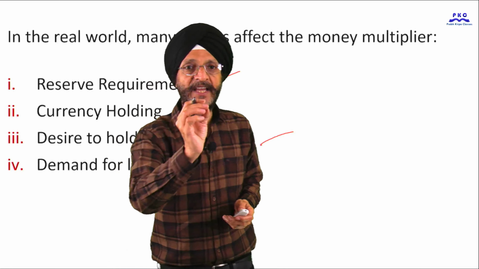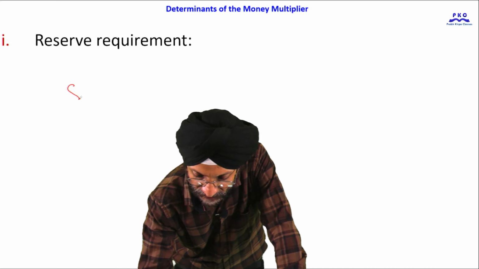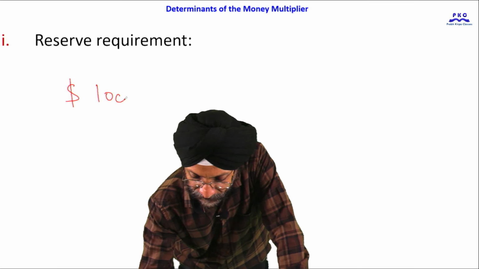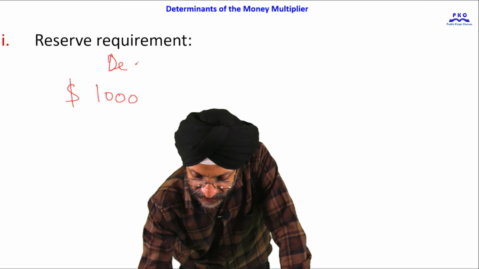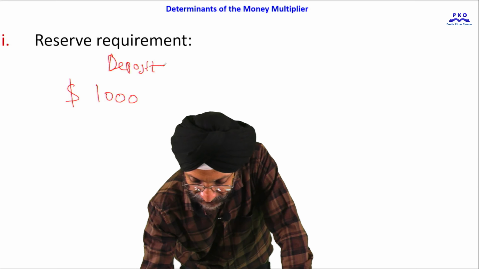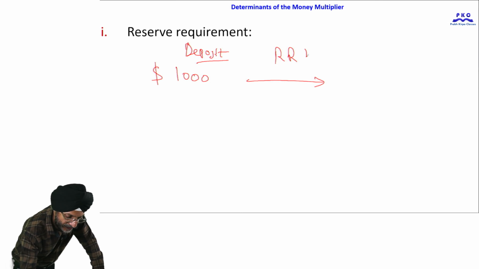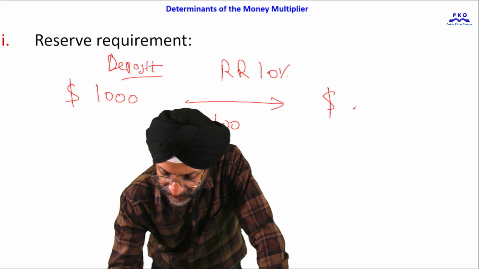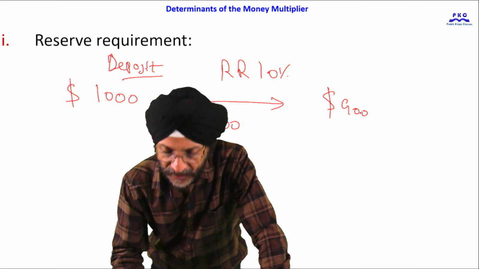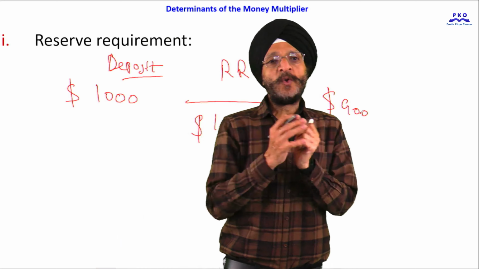First is reserve requirement. We have already learnt that if $1,000 is the deposit with the bank and the reserve ratio is, say, 10%, then after keeping $100 as reserve, the bank will be in a position to give $900 on loan.